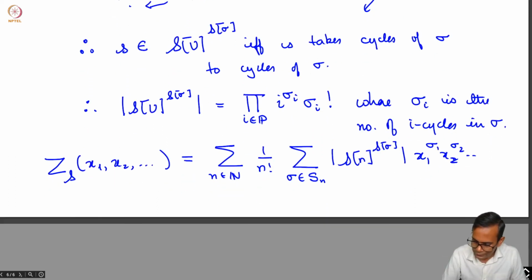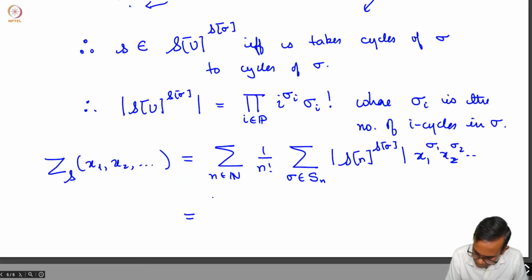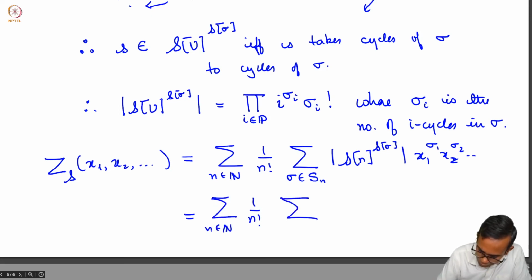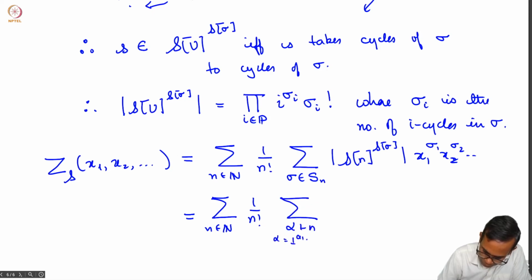Now let's break this up into a sum over cycle types. So what we'll do is take the sum over all partitions alpha of n, so alpha is 1 raised to a1, 2 raised to a2, and so on.